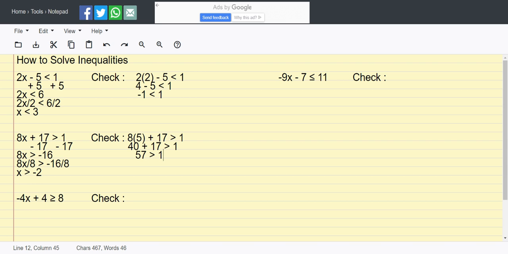So any value that is greater than negative 2 would work for the x value in this problem. So the answer is x is greater than negative 2.